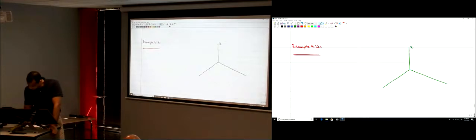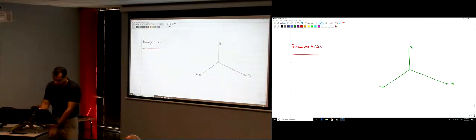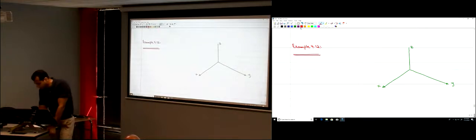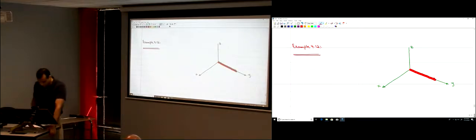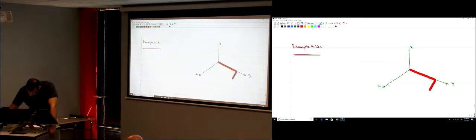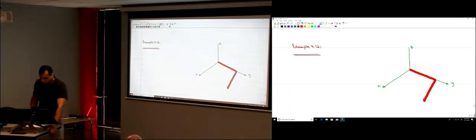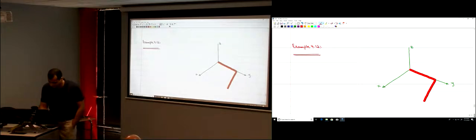So you have the z, the y, and the x, okay? And then you have a pipe or a rod that goes like this. First oriented with the y-axis, and then here it goes in the xz plane, but there is an angle here.